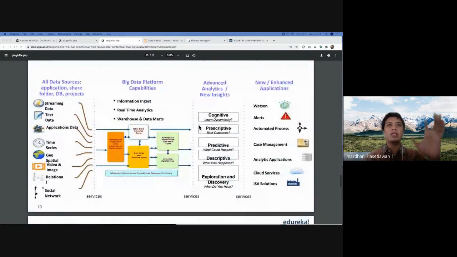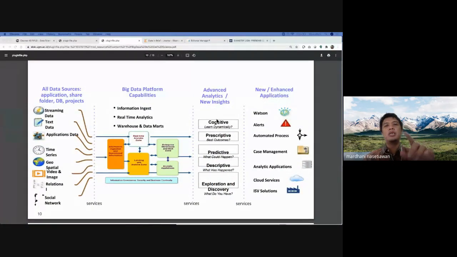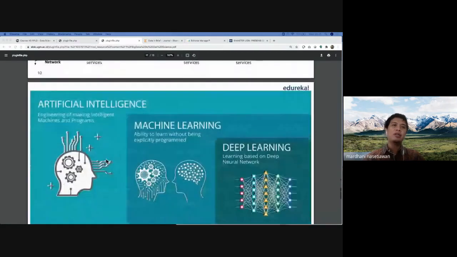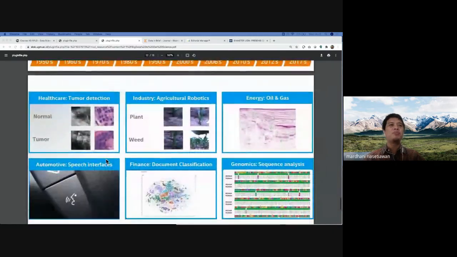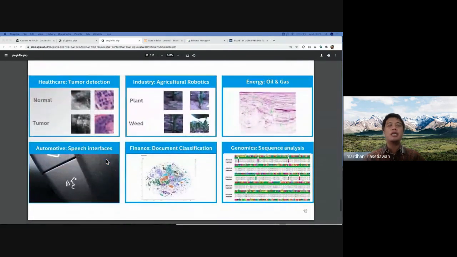So actually, AI, machine learning, and deep learning will be part of this section, the advanced analytics: machine learning, deep learning, and other learning algorithms. So this is what I call the application that we can use for data science. In healthcare, we can do tumor detection. In agriculture, we can do plant analytics, and in oil and gas, we can analyze the oil and gas traps in the earth.